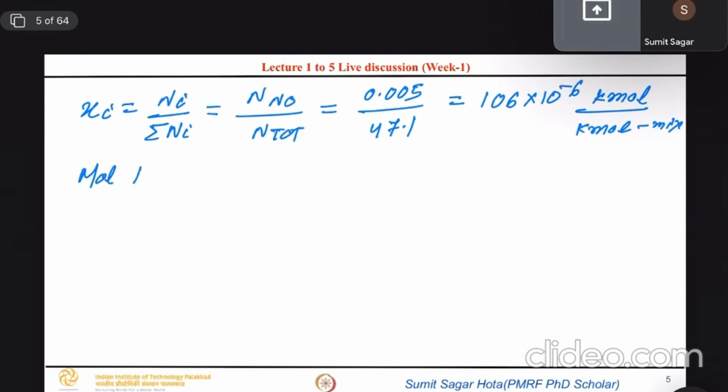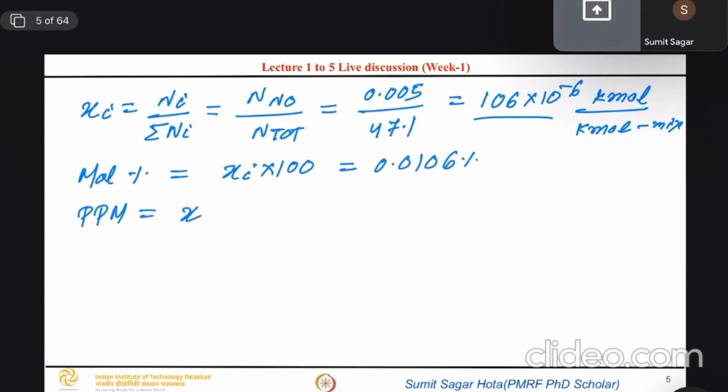Similarly, we can calculate the mole percentage, which is equal to Xi times 100. It is a very important formula you have to remember. If you calculate it, it comes out to be 0.0106 percent. Now, what is ppm, parts per million? The formula is Xi times 10 to the power 6.